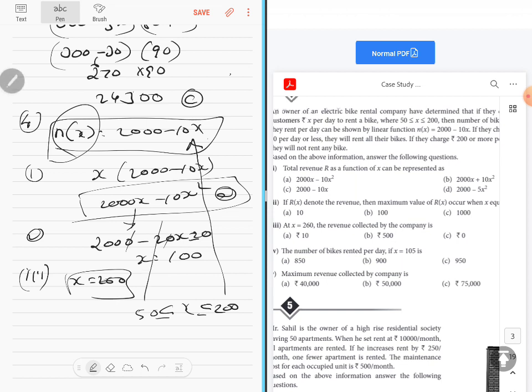If it's 50, all the bikes would go for rent. So if it's 260, nobody will take it for rent. So the answer is 0.